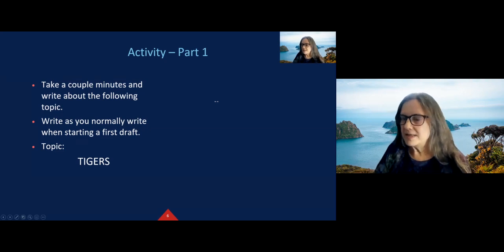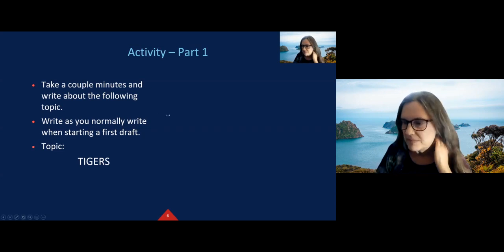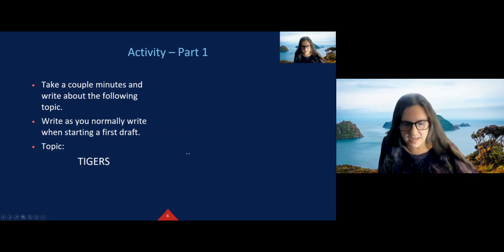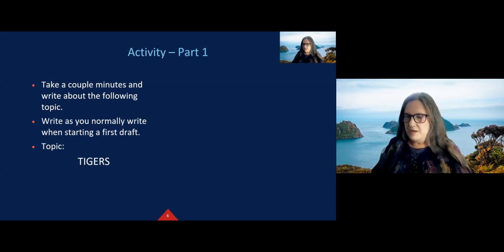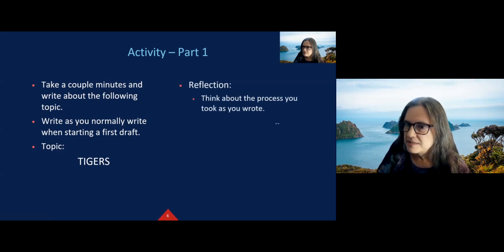Okay, you can go ahead and stop writing or typing, however you did this. And go ahead and turn your cameras back on and get ready to unmute, because we're going to do a little bit of discussion, just a quick discussion. The first thing I want you to do is some reflection. So think about the process that you took as you wrote. Okay.